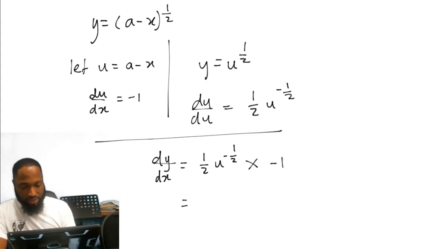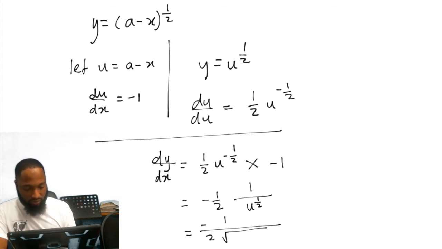So this is negative a half, and u to the power of negative a half is 1 over u to the power of a half. We can merge everything into one: negative 1 over 2 square root of a minus x.